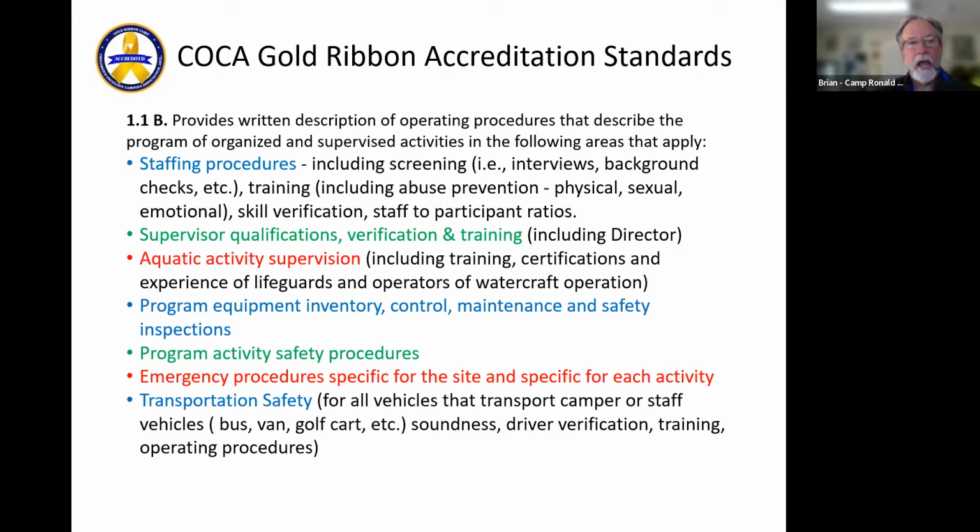So let's take a look at 1.1B. And once again, this has to do primarily with program focused issues. I should say that these lists did not just come out of my head or Jennifer's head. We took a look at what accrediting bodies and regulatory bodies were looking for and what was pretty standard.